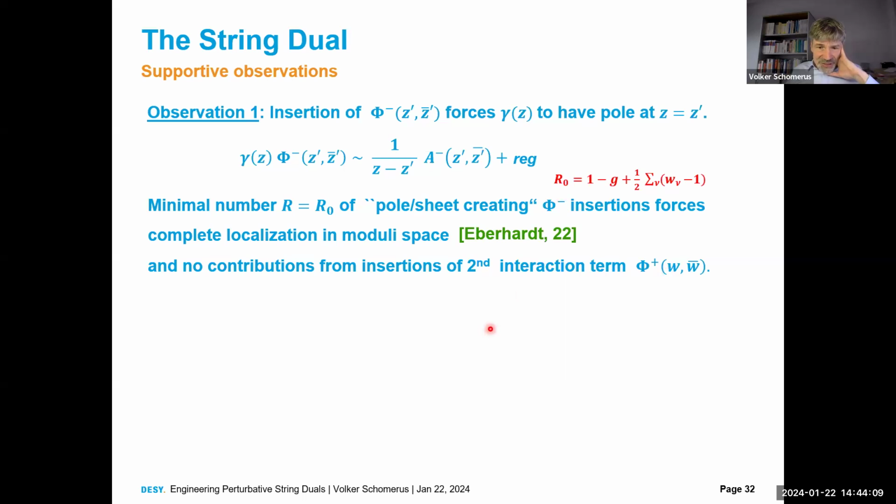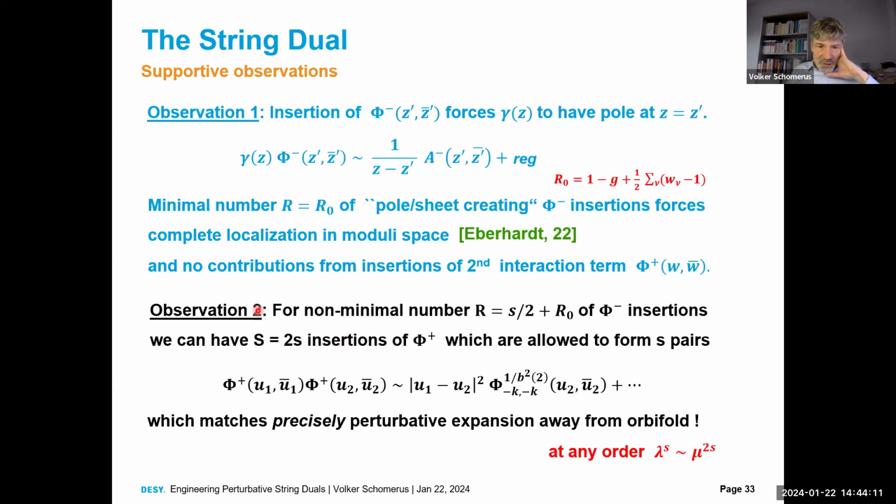But then you can actually start inserting more than the minimal number of these psi minuses. And now something interesting happens: you can actually get contribution from the phi plus, but only from the boundary of their integration domain. When pairs of these things start to collide, in that case, if you remember, these phi plus had spectral flow number 1.